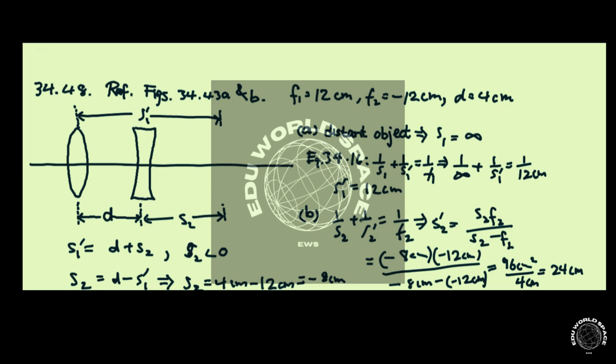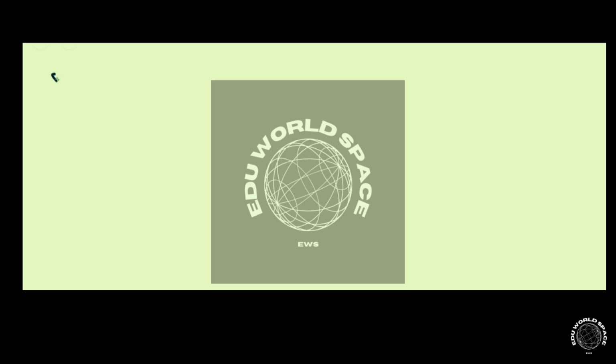So this image S2 primed is positive, so it's 24 centimeters to the right of the lens, and that is the final image. So part C, let's do that next page. In part C, they're asking where the image is, so it's 24 centimeters to the right.